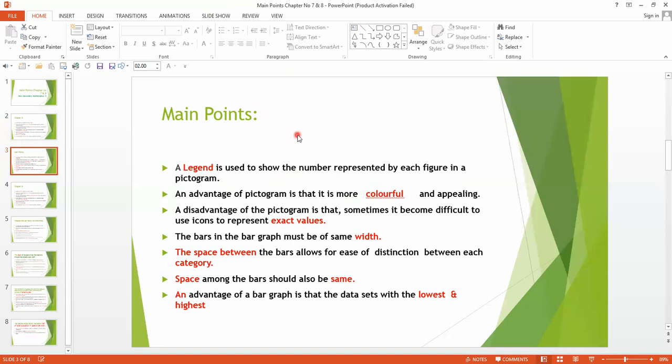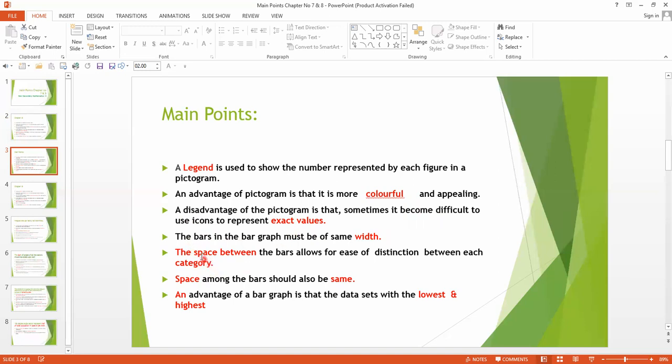Suppose half a bat is drawn, it means 15 students. According to that legend, you are able to read the pictogram. An advantage of a pictogram is that it is more colorful and appealing. A disadvantage of a pictogram is that sometimes it becomes difficult to use icons to represent exact values.